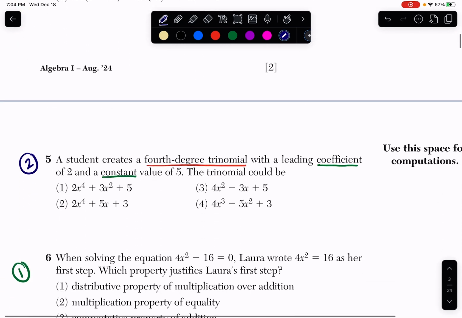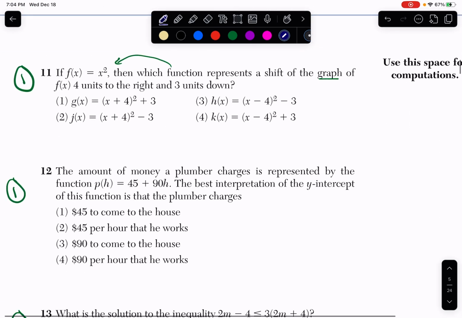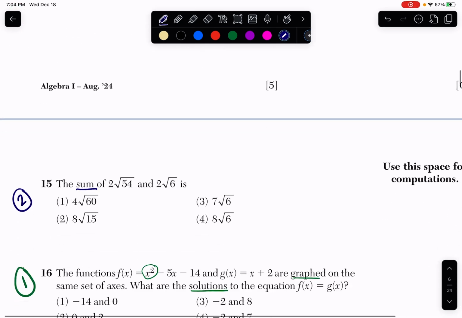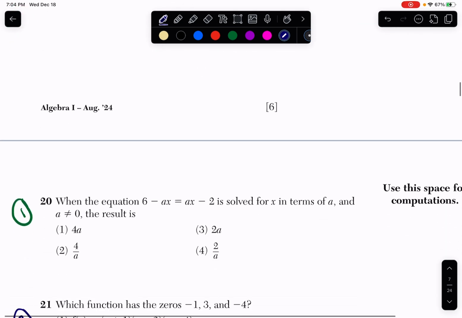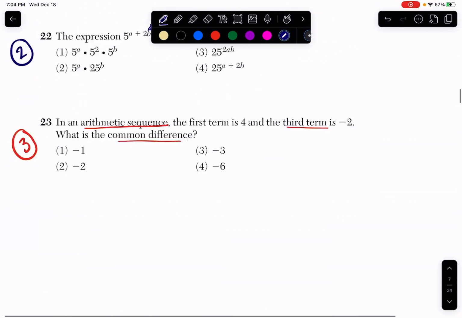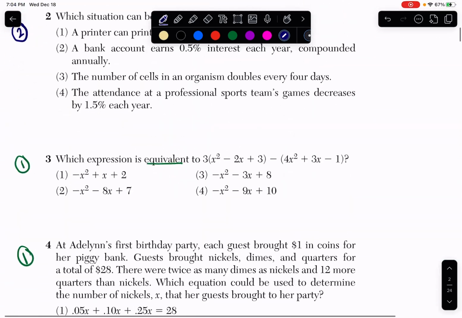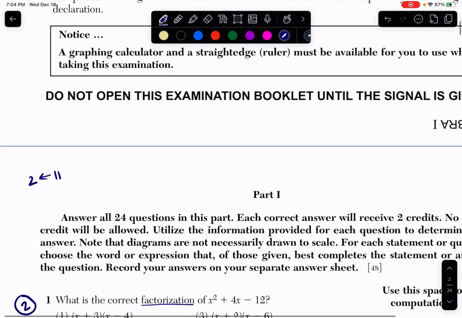We have 1, 2, 3, 4, 5, 6, 7, 8, 9, 10, 11. We have 11 questions where we feel like we know what all of the terms mean in category 1. And we only have 2 questions where we know very little.